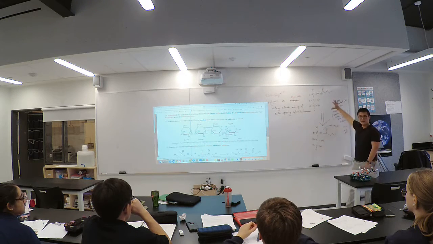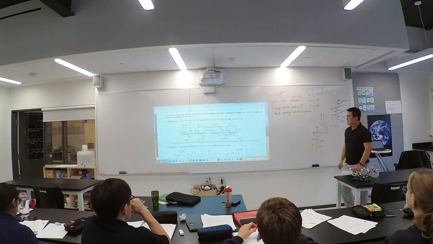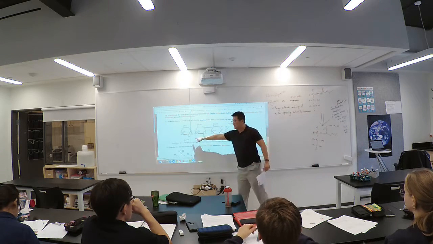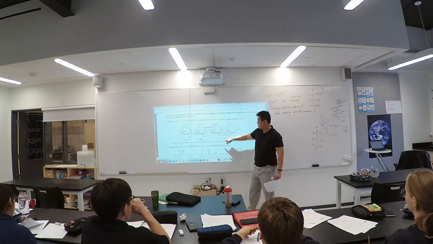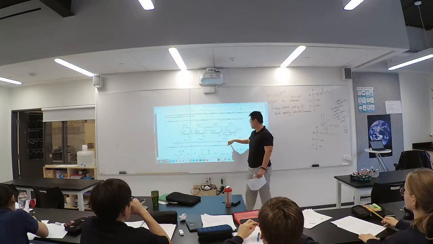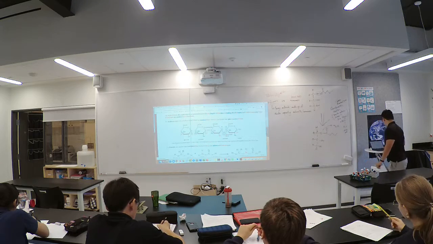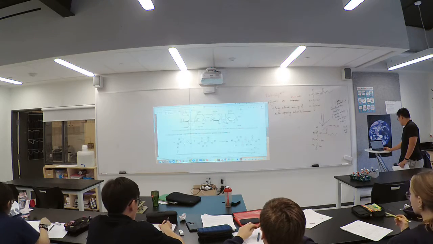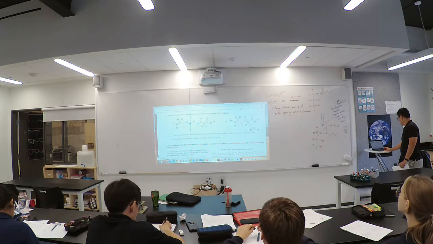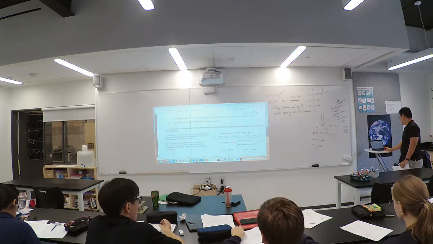We addressed that here already. This is the example that you should know and memorize: two alpha glucose together will form a maltose. And water is always released.